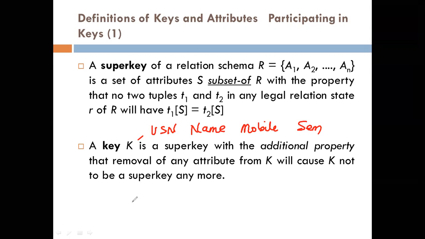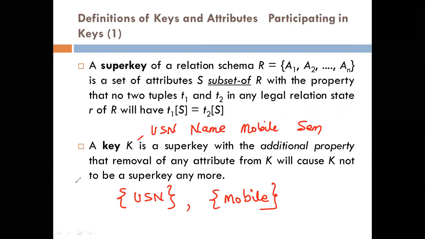So when we applied the key rules, by observing if we remove one attribute, will it still remain a key or not, we are left with only two sets, that is USN and mobile. So two sets were available for us.